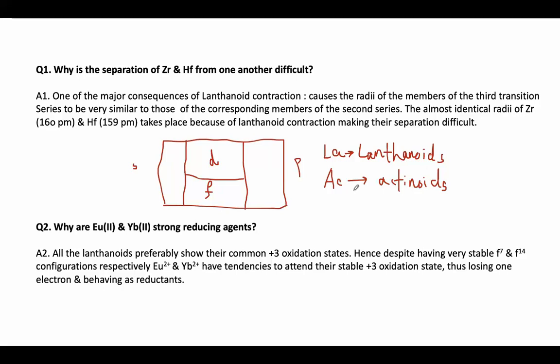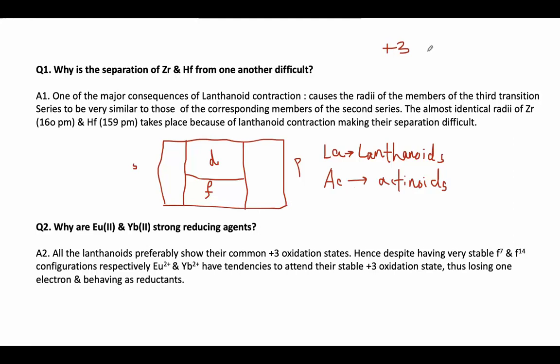Now all these lanthanides or actinides, or you can say the F block or the inner transition elements, have one stable oxidation state. In case of lanthanides, it is +3. So this is one of the major similarities between the lanthanides, which is the very common stable oxidation state, that is +3.